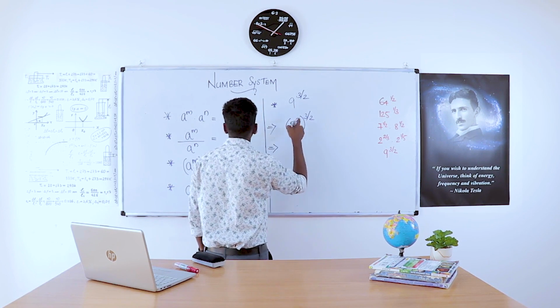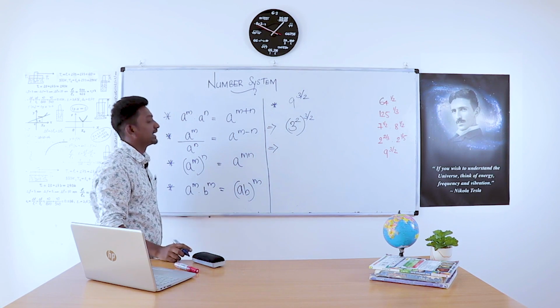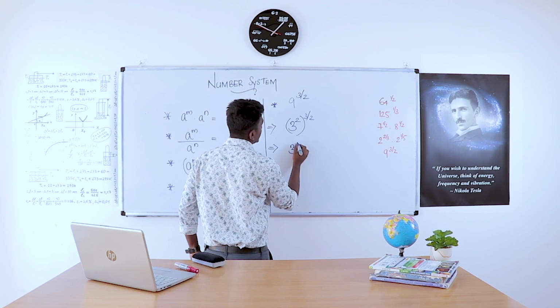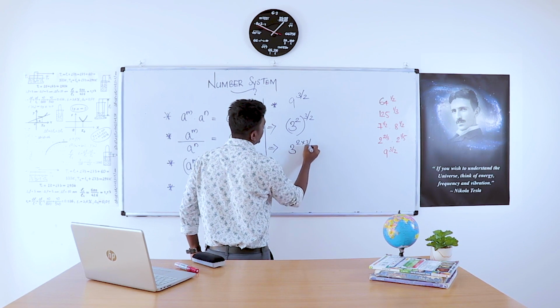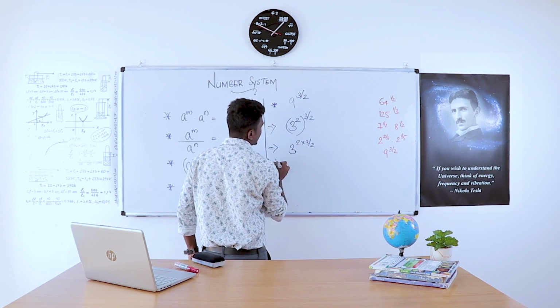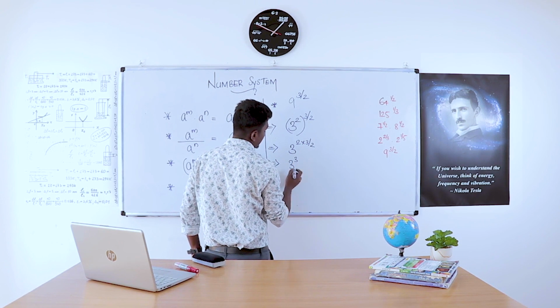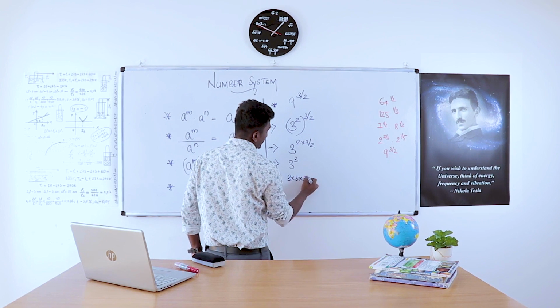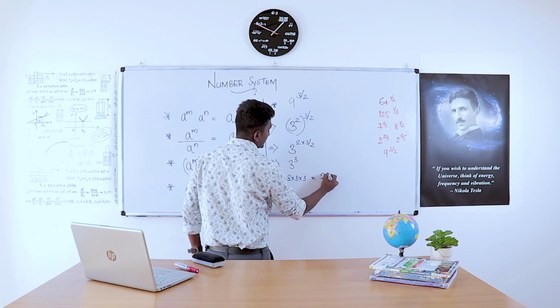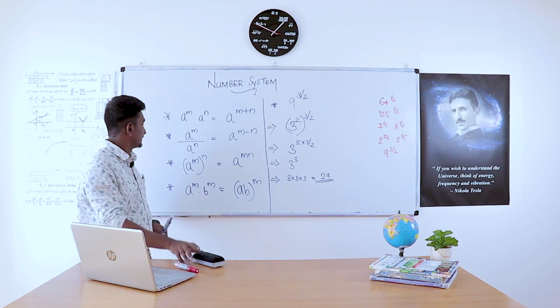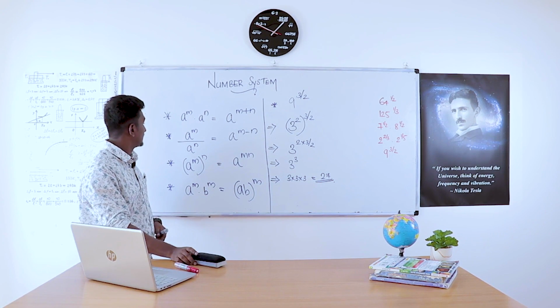That is a raised to m the whole raised to n, that is a raised to mn. That is 3 raised to 2 into 3 by 2. 2 into 3 by 2 is 3. Therefore, 3 cube, that is equal to 3 into 3 into 3. 3 into 3, 9. 9 into 3, 27. Final answer is 27.